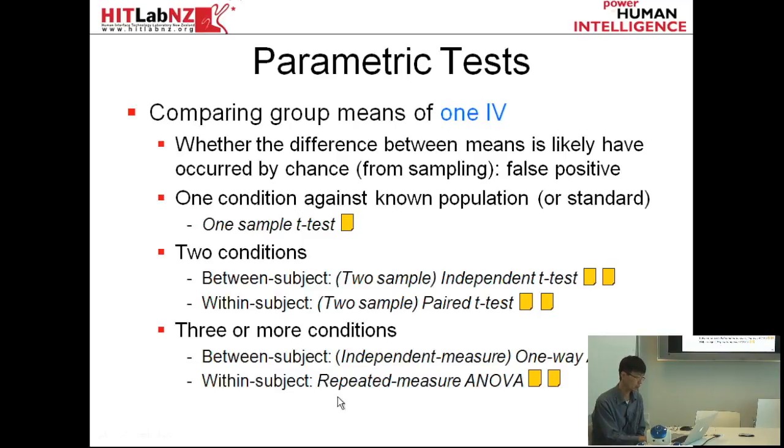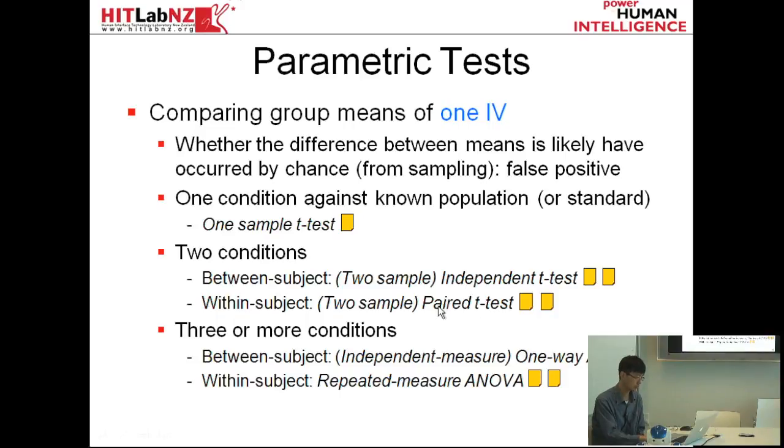Or if it's a within subject design, then you'll have to go with repeated measure ANOVA. The reason why it's called repeated measure is you bring a participant and you measure under one condition, and next time you measure the same participant under another condition, so you repeat different conditions with one participant. So that's why basically it's called repeated measure.